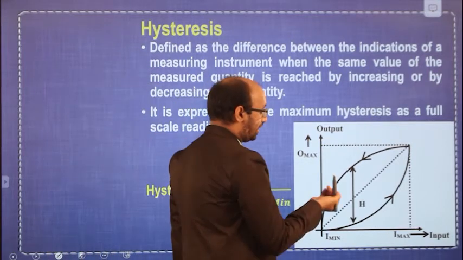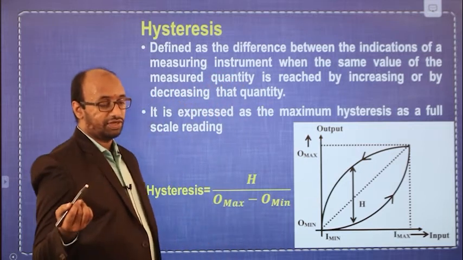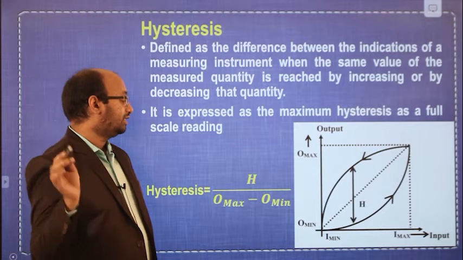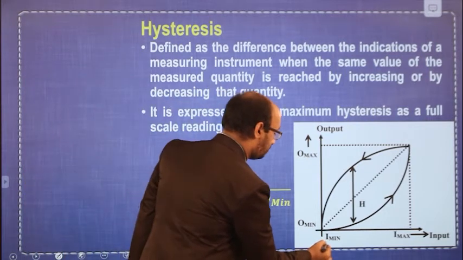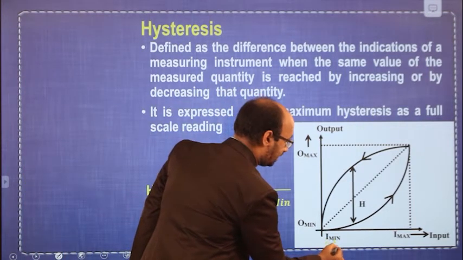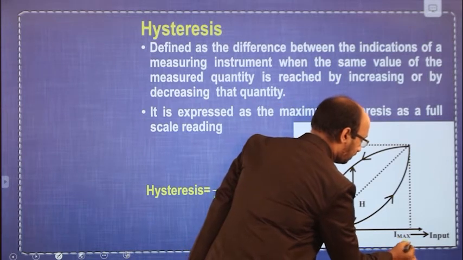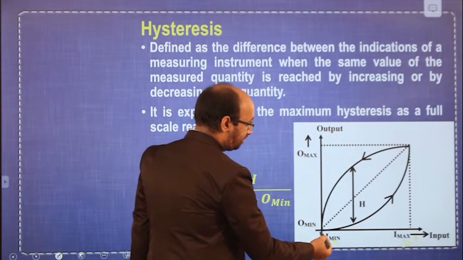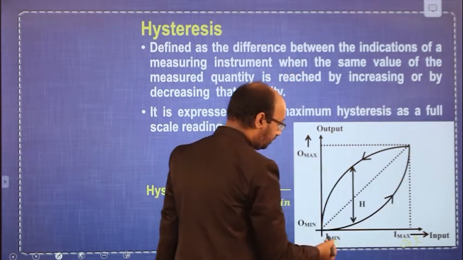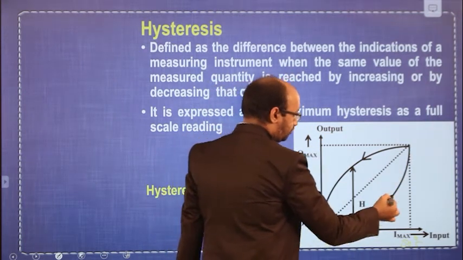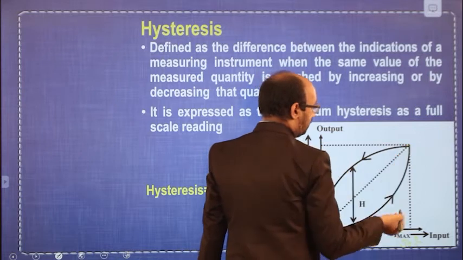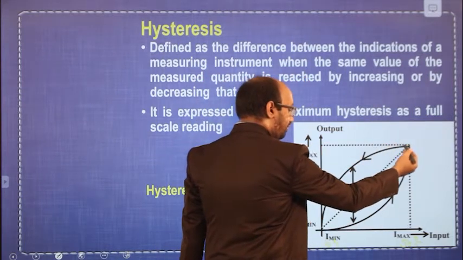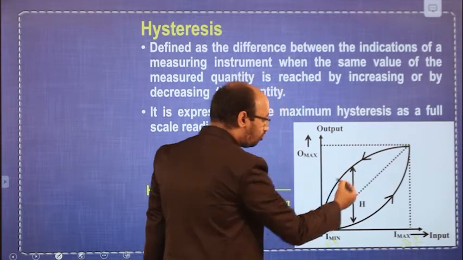Let us suppose we are measuring temperature, and this temperature is changing from 10 to 50 degrees centigrade. So we have increased the input temperature from 10 to 50, and we have got these output values. Now we took the measurements by decreasing the temperature from 50 to 10, and we got these output values.